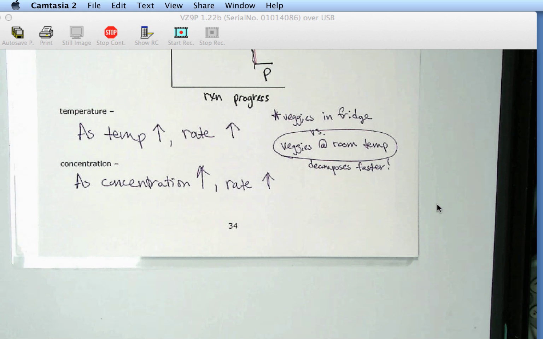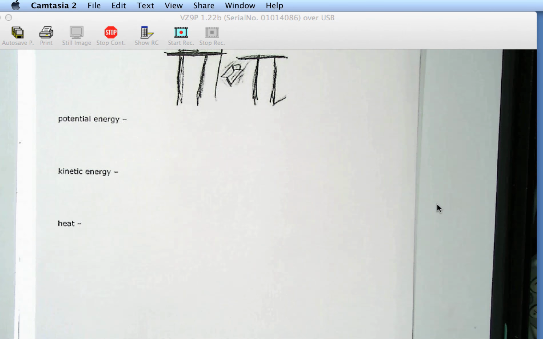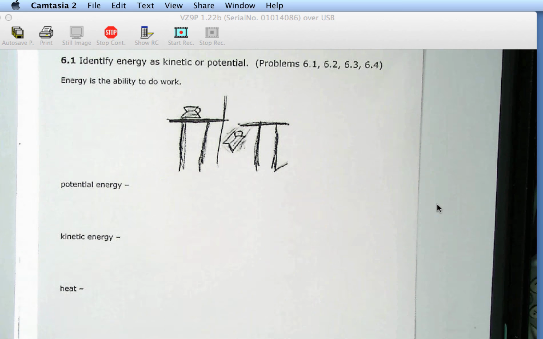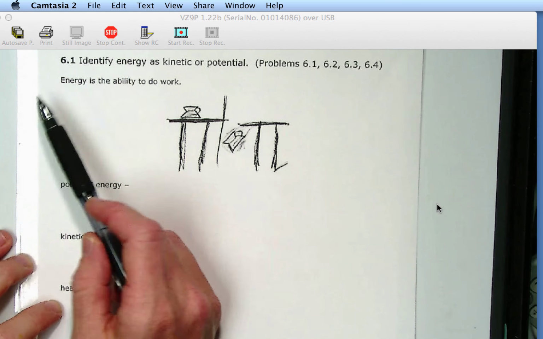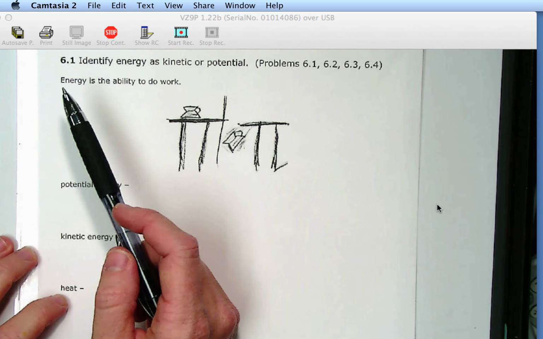All right. So moving on, we're going to talk more about energy. So you probably remember talking about this energy way back when, maybe in a physical sciences course. Potential energy, kinetic energy, and heat. We'll discuss these. Energy is the ability to do work.